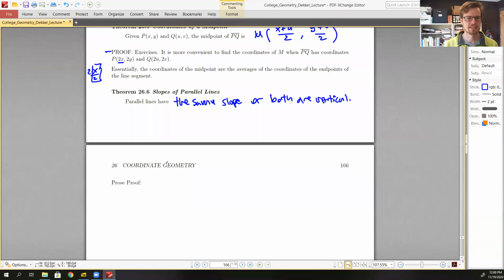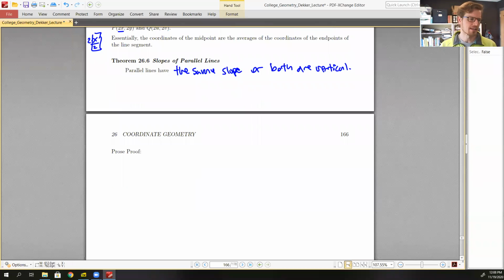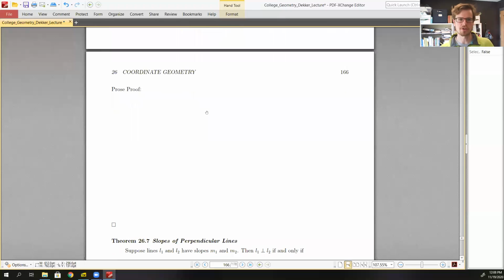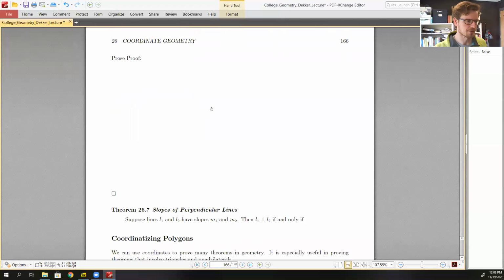Excellent. So let's write a proof of this. Well, we want to consider the idea of vertical lines and not vertical lines separately from one another. So first, let's consider vertical lines.